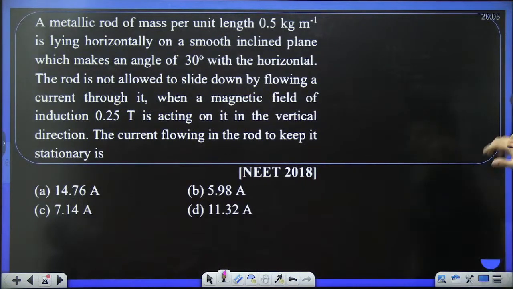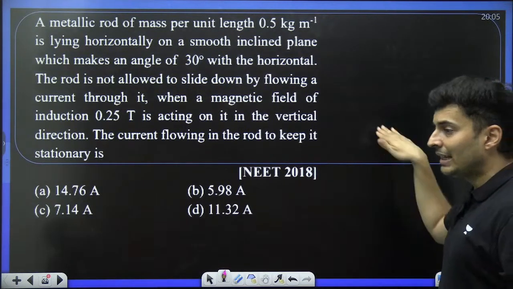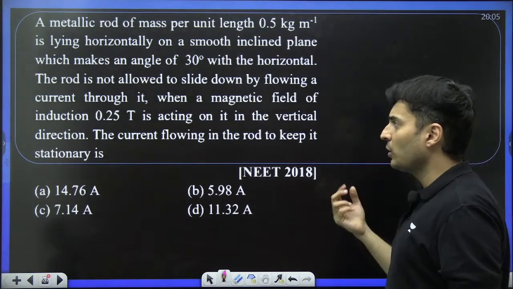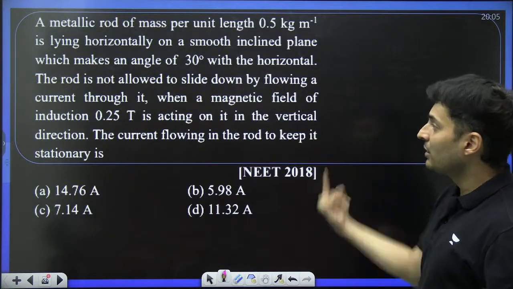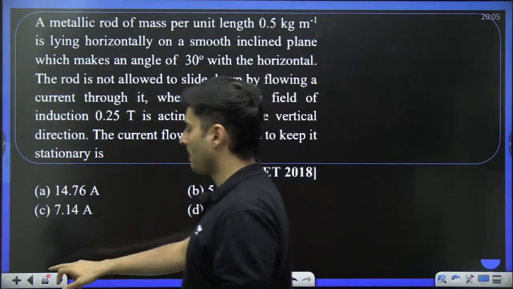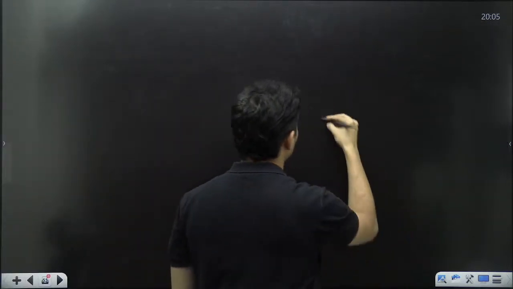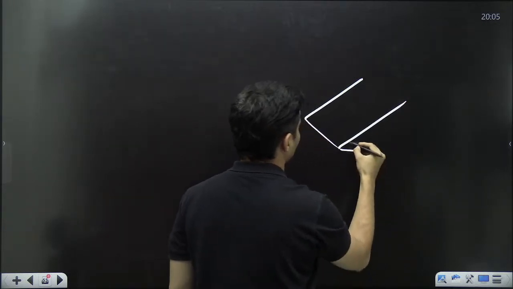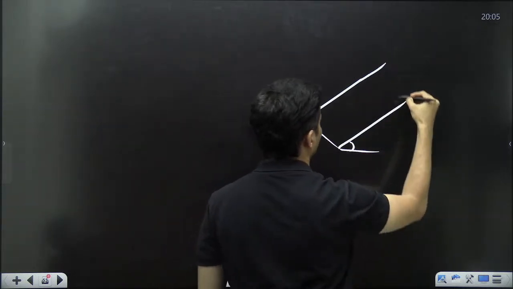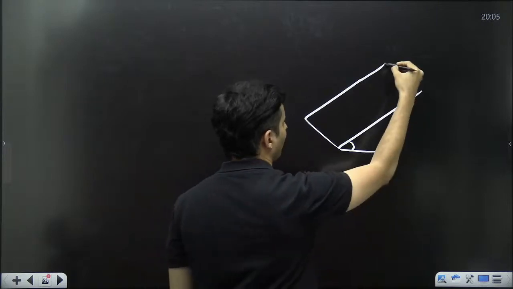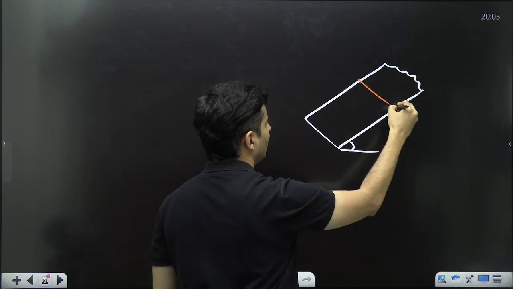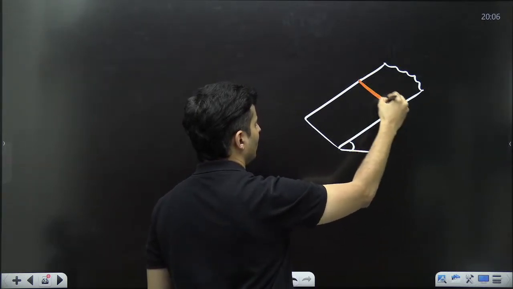The rod is lying on a smooth inclined plane, the inclination is given, and the rod does not slide down because there is current going in it and a field in the vertical direction. If you visualize it properly, you can think of it like this. This is some angle, this is your inclined plane, and maybe the rod is like this.